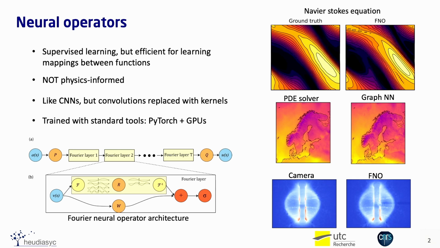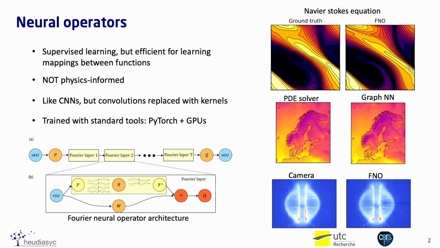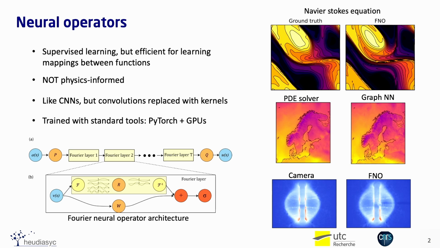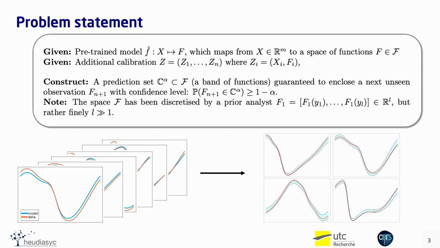We're going to try to apply some guaranteed conformal bounds on these types of models. I'm just going to give you the problem statement. It's just the standard split conformal prediction setup. You're essentially given one of these models, and you're also given a set of calibration data. The main difference here is that we're going to be working in the space of functions.